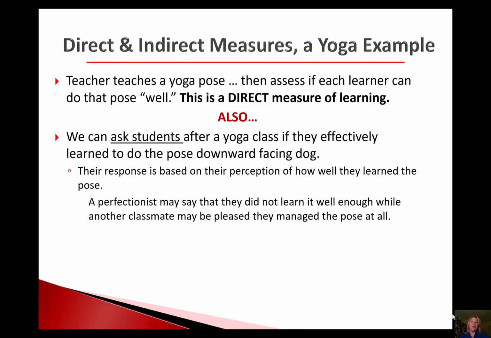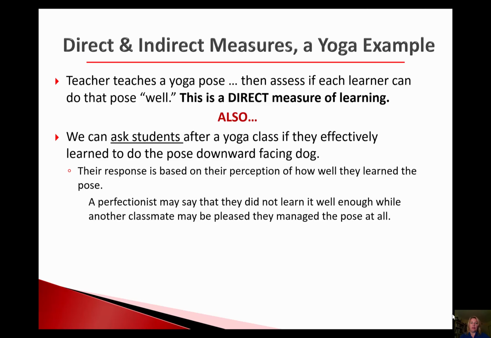A perfectionist in the same class may say that they did not learn it well enough, while another classmate from that same class on the mat right next to them may be very pleased that they managed the pose at all. They may be in their first yoga class ever or struggle with matters of balance and breathing and core strength. You could have 2 people tell you that they learned it well or not from the same class with the same instruction. It's not a direct measure.